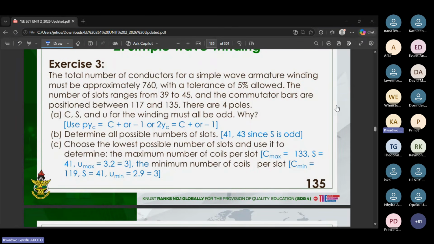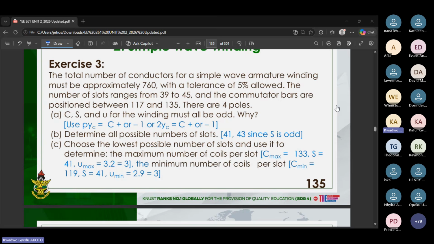The number of slots ranges from 39 to 45. With this question, I know that with your English, you are going to say that "ranges from 39 to 45" means that 39 and 45 are included. But I think it was a mistake in the wording, because if you look at the solution, it does not include 39 and 45.